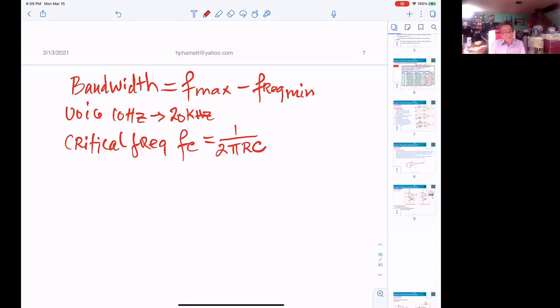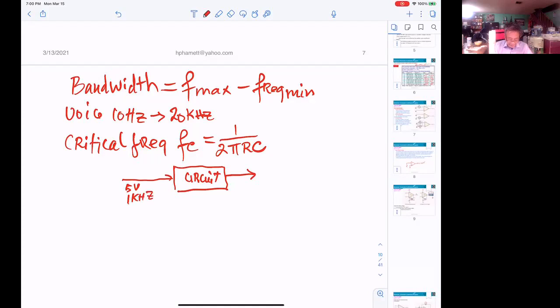Okay. I give you an example here. This is the circuit, and the signal coming in and the signal coming out. Say you get 5 volts, 1 kilohertz.